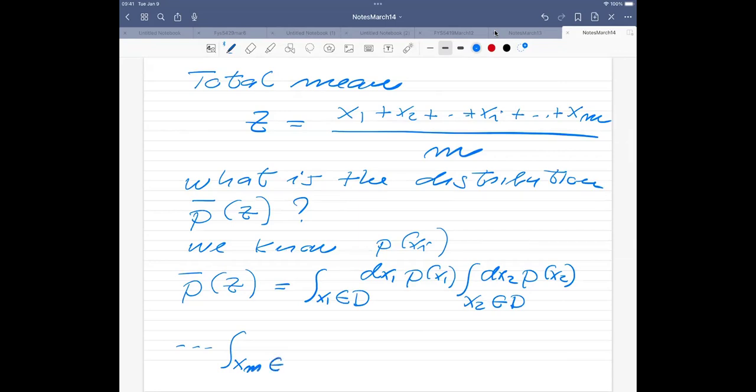And these are the distributions of the mean values now. Remember that the x's here are the mean values, because I introduced a shorthand for that. So this would be a dxm, and then there is a p of xm.